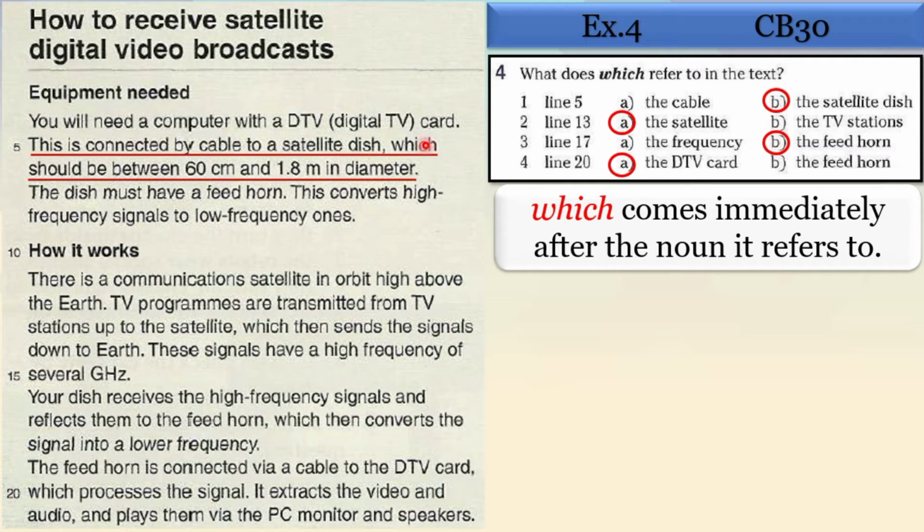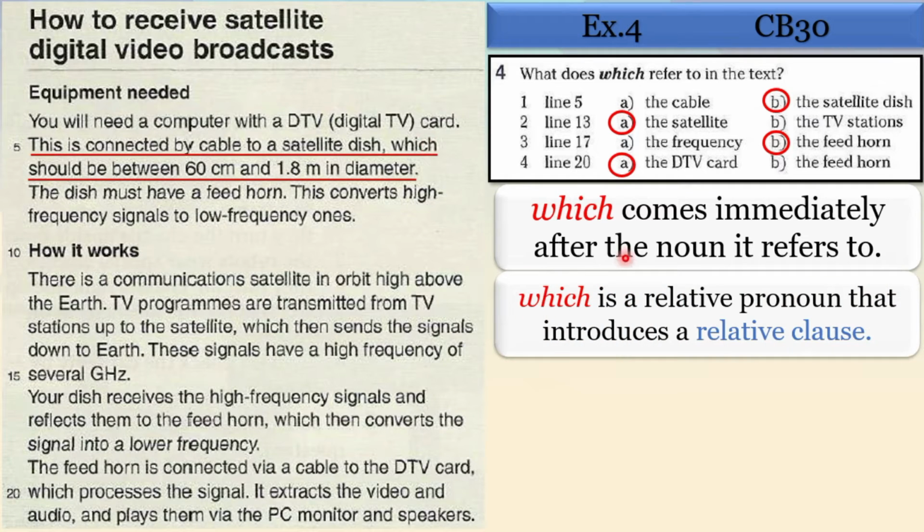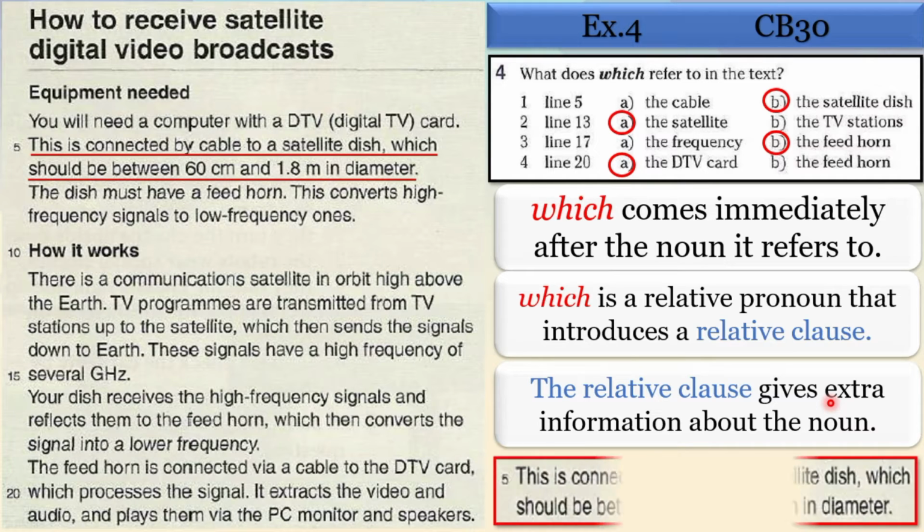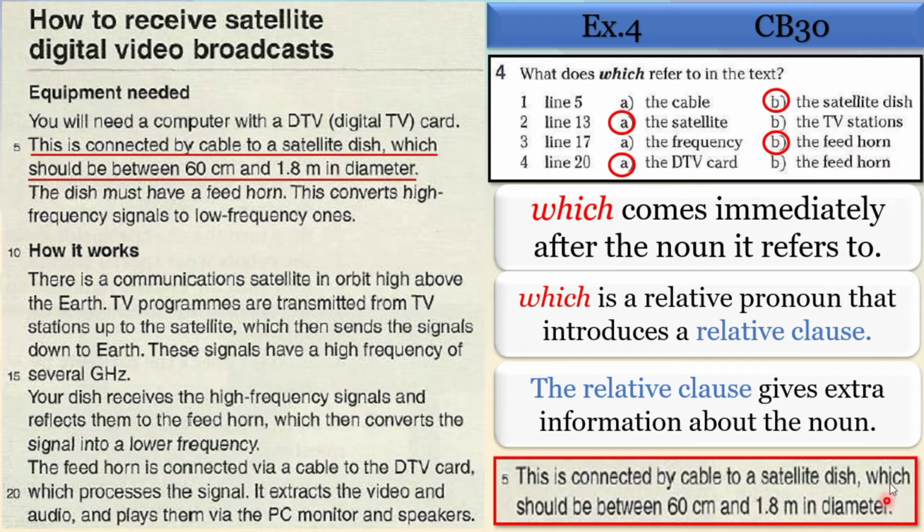Satellite dish, which. Also, which is a relative pronoun that introduces a relative clause. And the relative clause gives extra information about the noun, just like we have here, which should be between 60 centimeters and 1.8 meters in diameter.